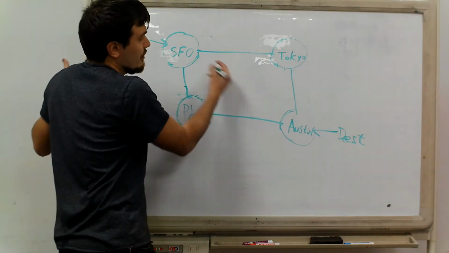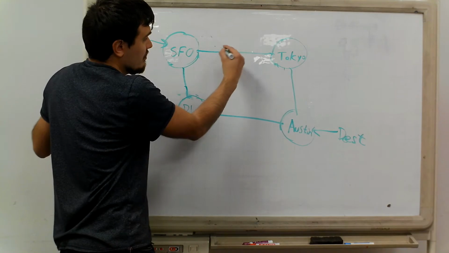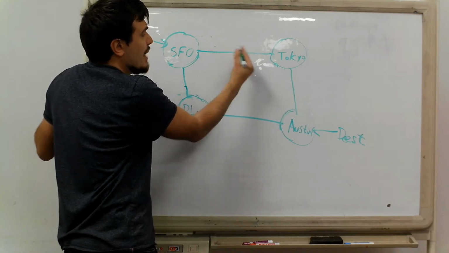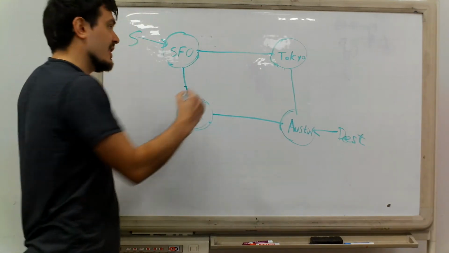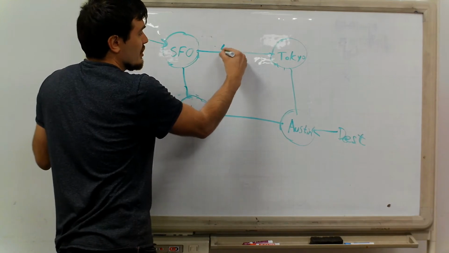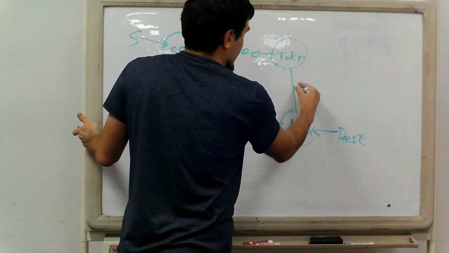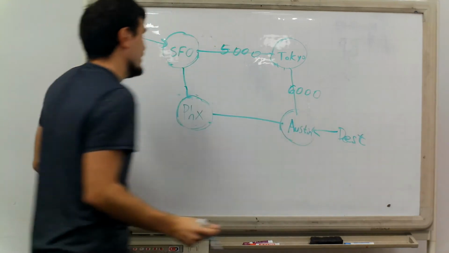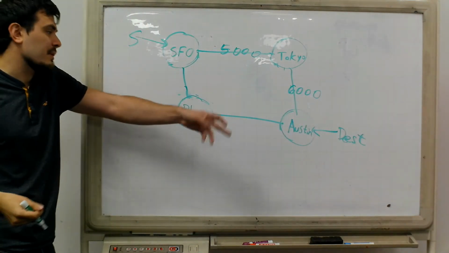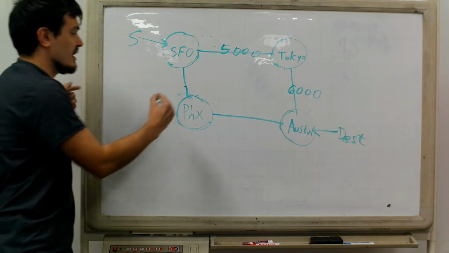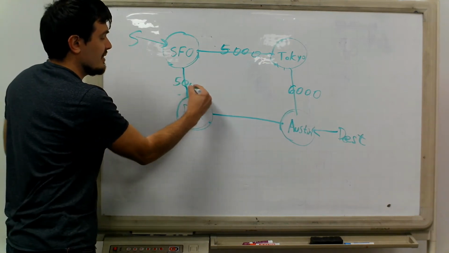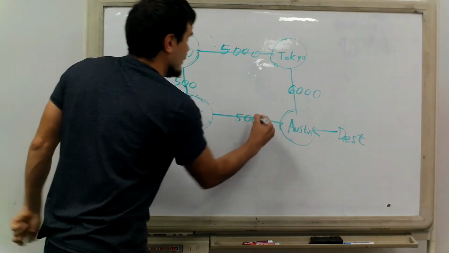So we can label each edge with a number. Let's say we'll label it with the number of miles. I don't actually know how far away these destinations are, so hypothetically, let's assume it's 5,000 miles here, and this is 6,000 miles. I know these can't be accurate numbers, but for example, and this is 500 miles, and this is another 500 miles.